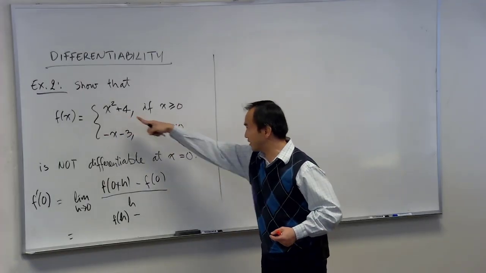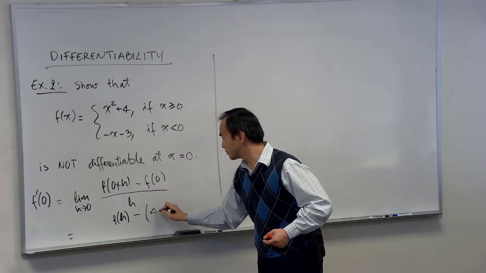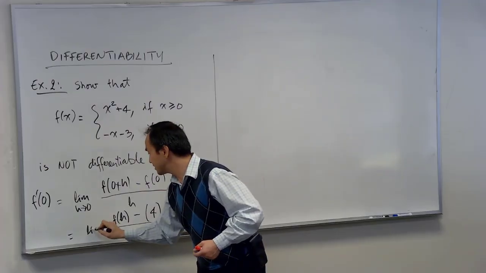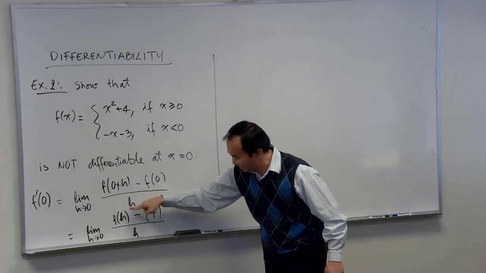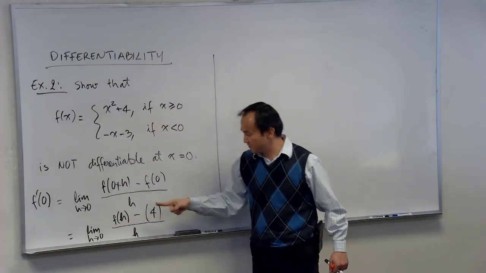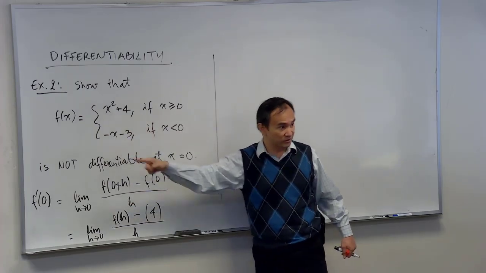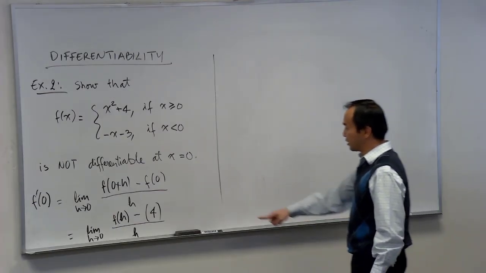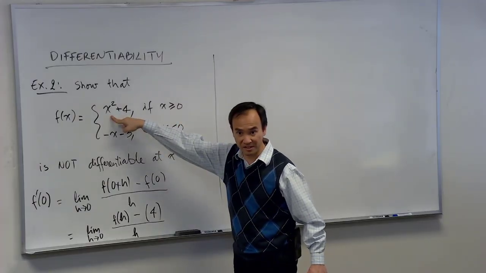So f of 0 is 4, and we subtract the 4 over h, then take the limit as h goes to 0. But I have to write it in a hanging way, because as h gets to 0, we have to decide which is the proper piece to use for this piecewise function. I got 4 because f of 0 is according to the definition of our function.